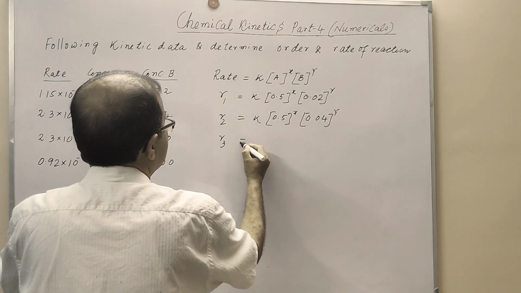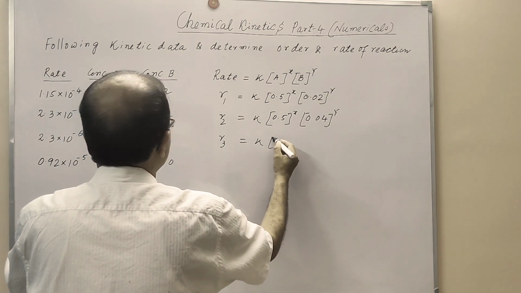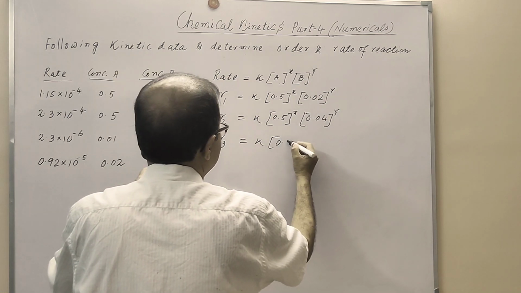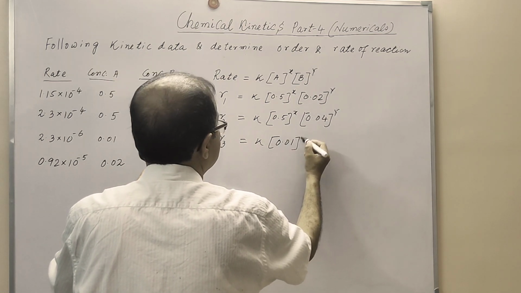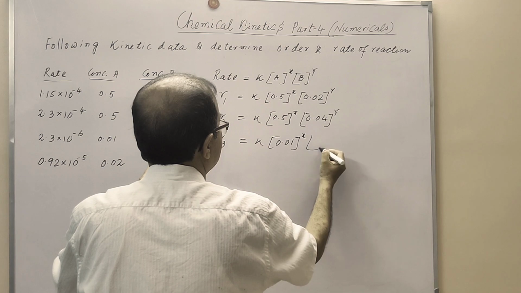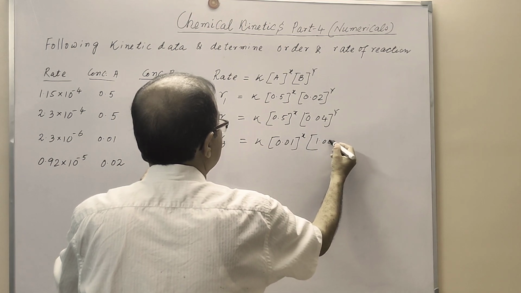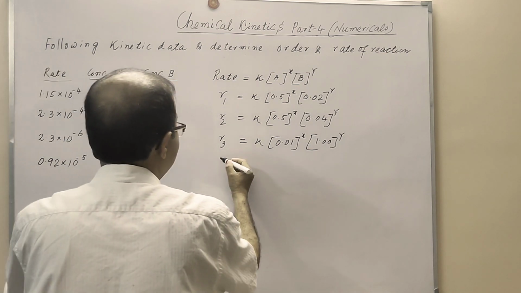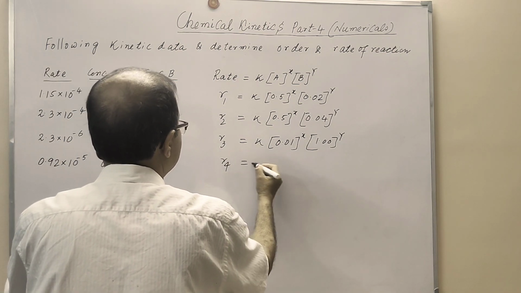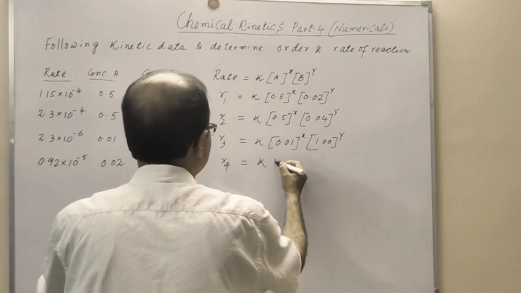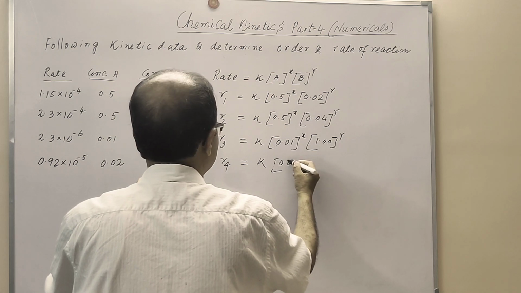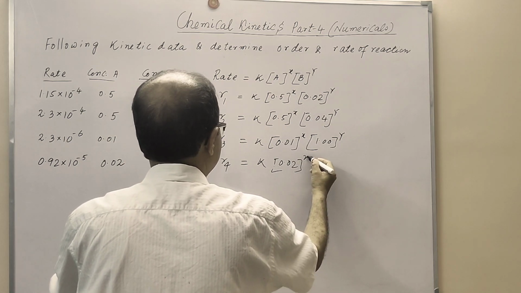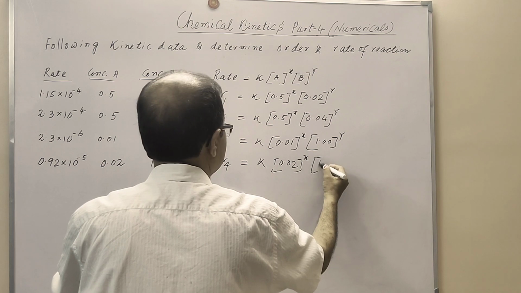Rate 3 is k into 0.01 to the power x, and concentration to the power y. And R4 you can get k into 0.02 to the power x and this.